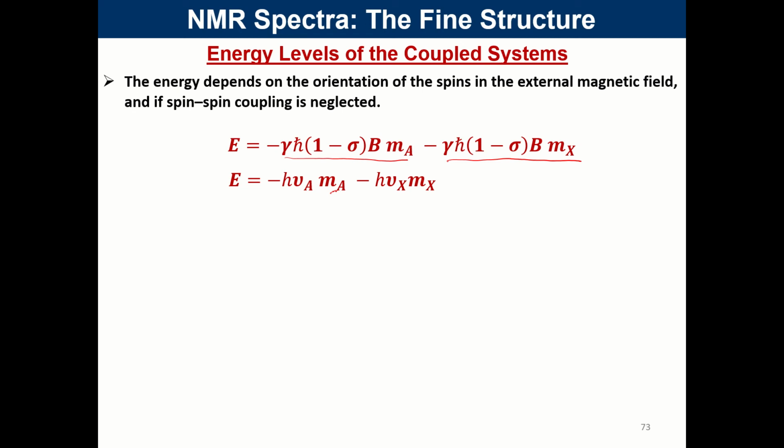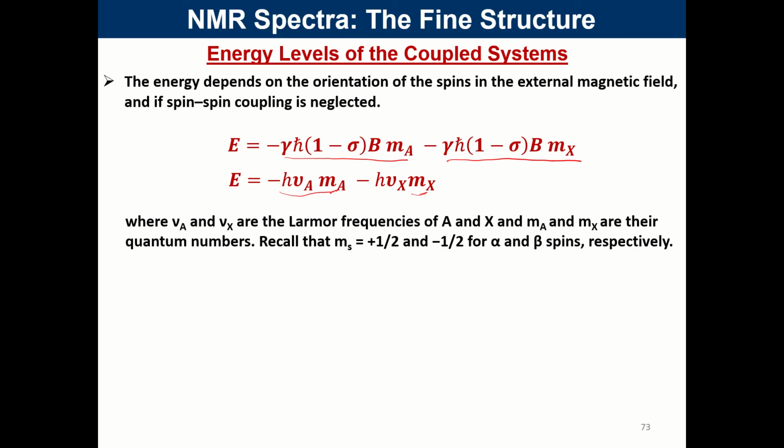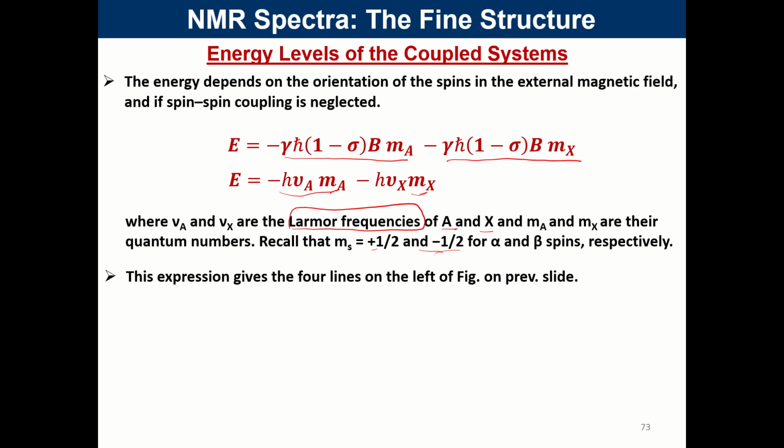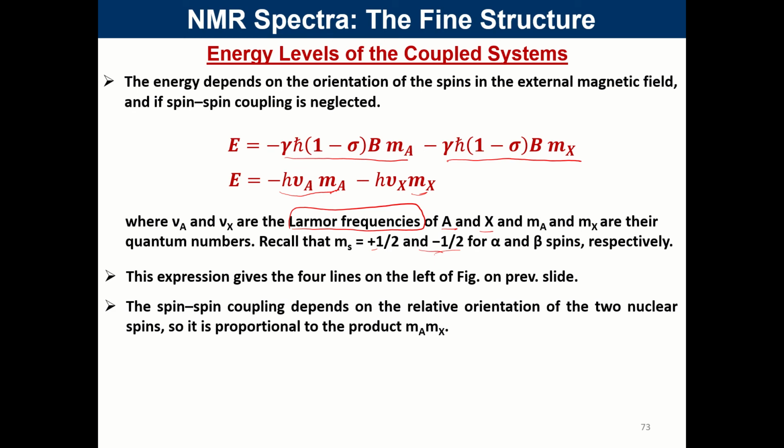So this simplifies to writing in this way: energy of interaction with the Larmor, mu A and mu X being the Larmor frequencies of A and X, and MA, MX they are quantum numbers which can be plus half or minus half, like that, alpha or beta.